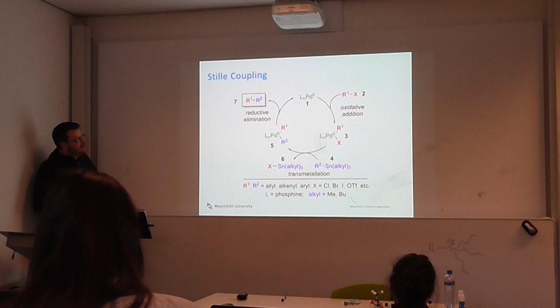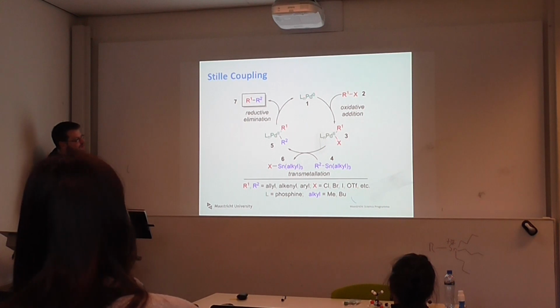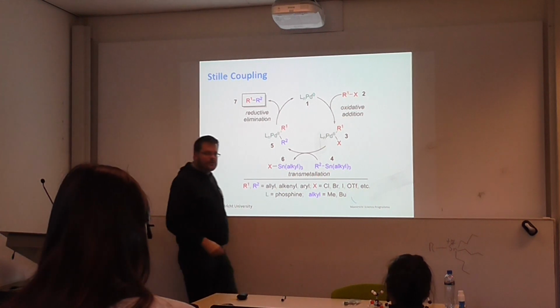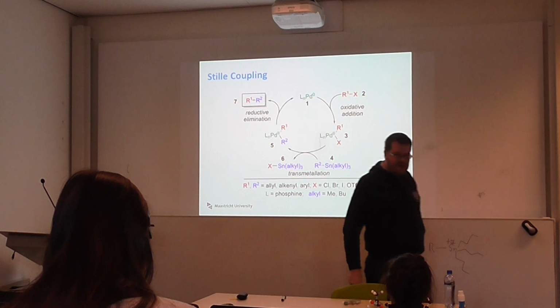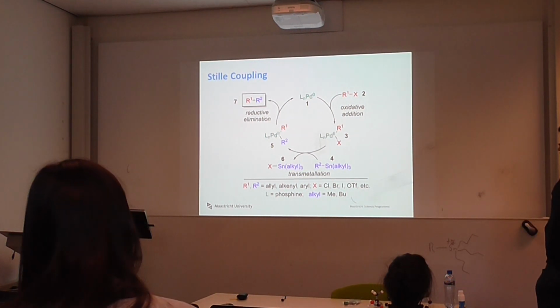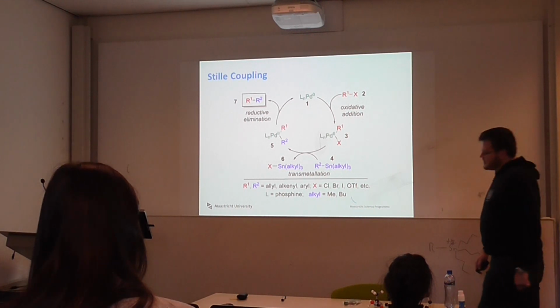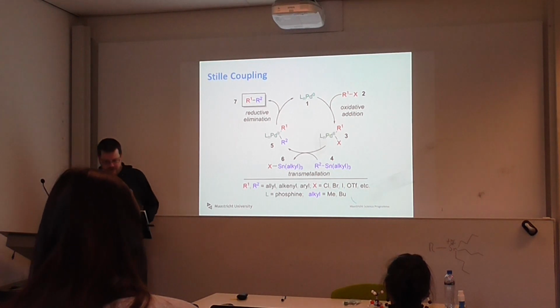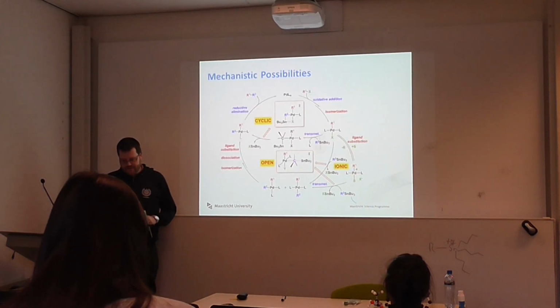And we go from palladium 0 to palladium 2. Again, we have a broad spectrum of things that we can couple, right? And so that makes this a very useful tool indeed. So Stille coupling, a very useful tool in our repertoire of coupling reactions.